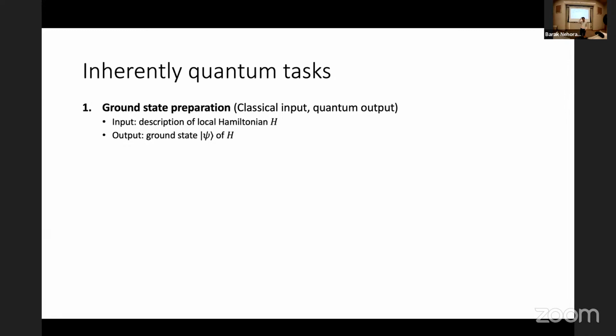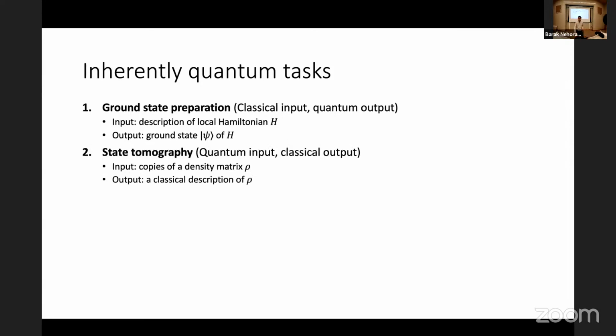This problem has a classical input: again, you get a description of a local Hamiltonian. But now the output is not just a number, but a collection of quantum particles that are in the ground state of this local Hamiltonian. So when solving this task, you actually have to output a quantum state. This just doesn't make sense for a classical computer to do. This is a quantum-only thing.